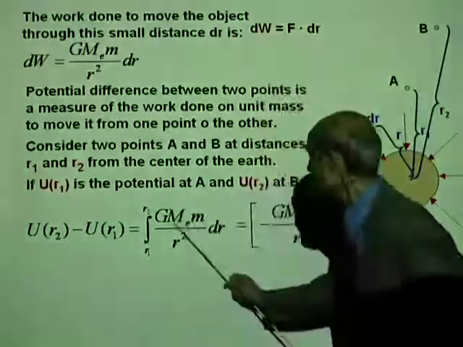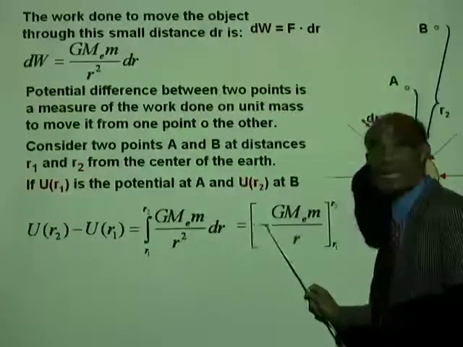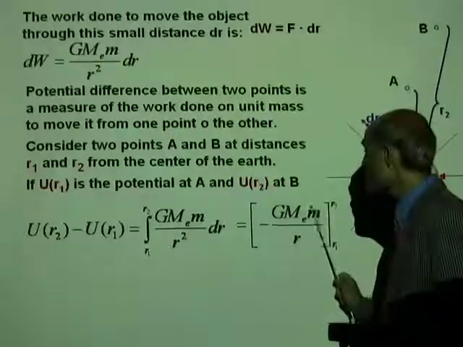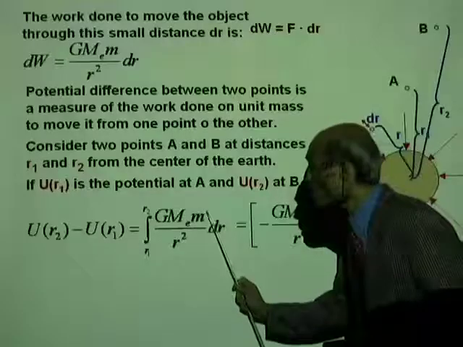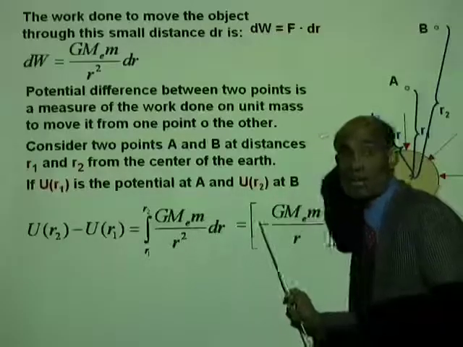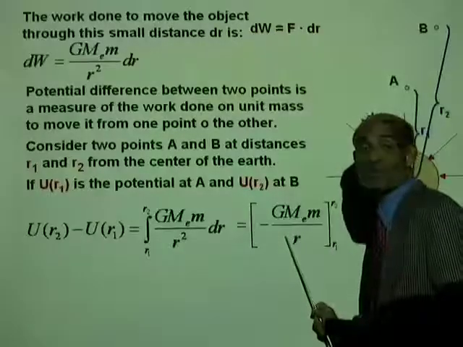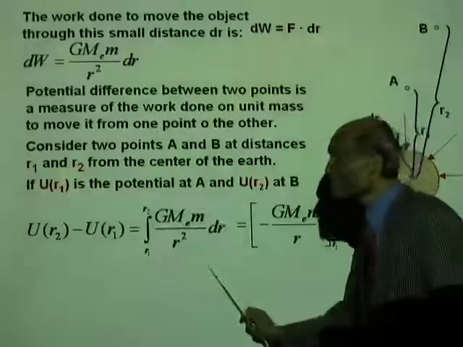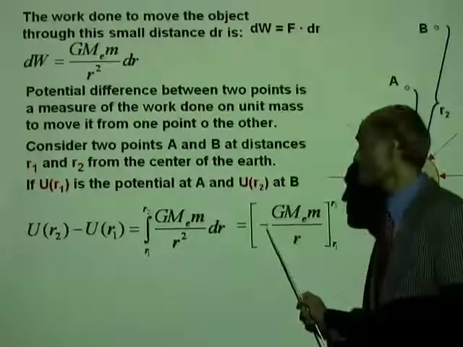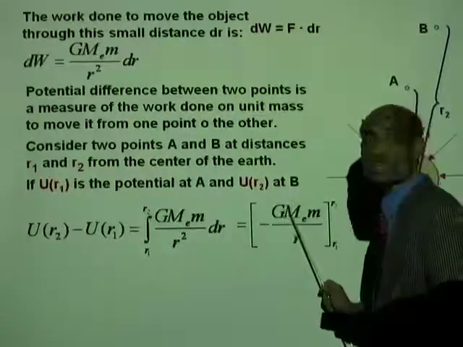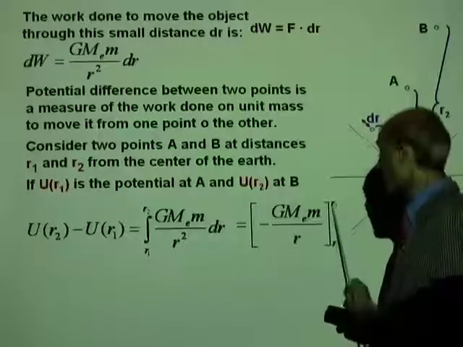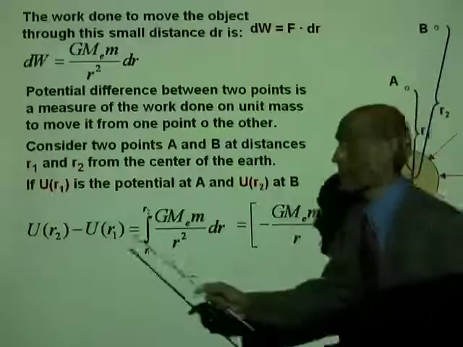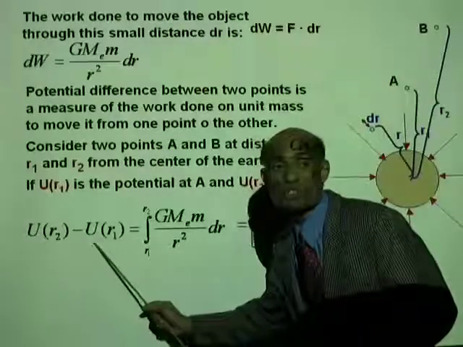So this integrated will become negative G M_E m, that's a constant, and the integral of 1 over r squared dr is negative 1 over r. So this quantity integrated gives me negative G M_E m over r, with the limits from r1 to r2. And that is a measure of the potential difference.